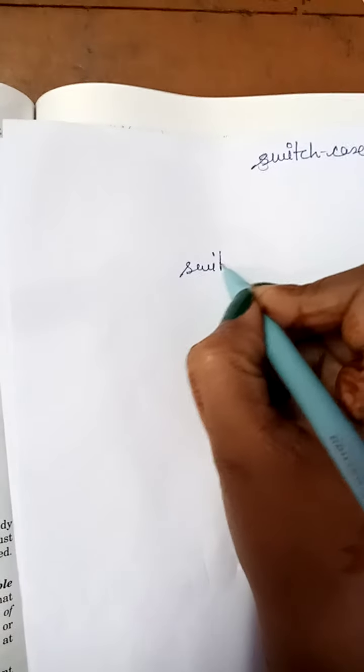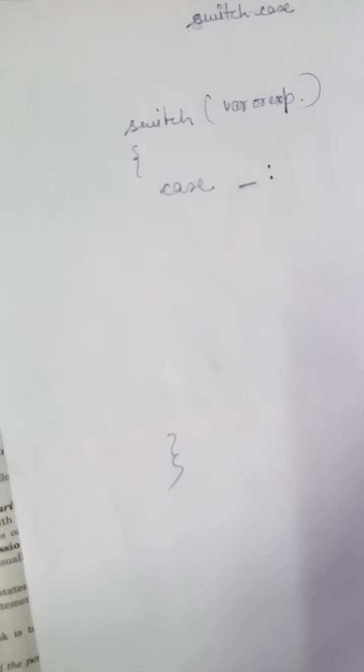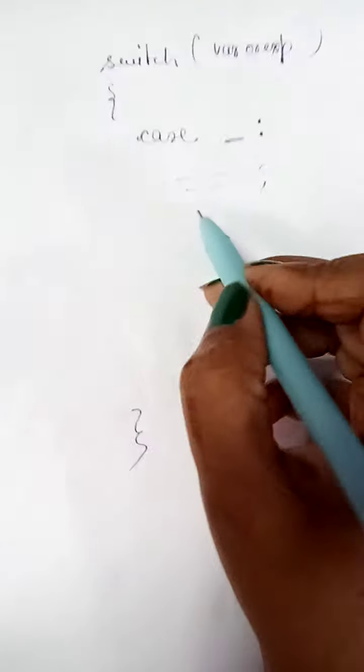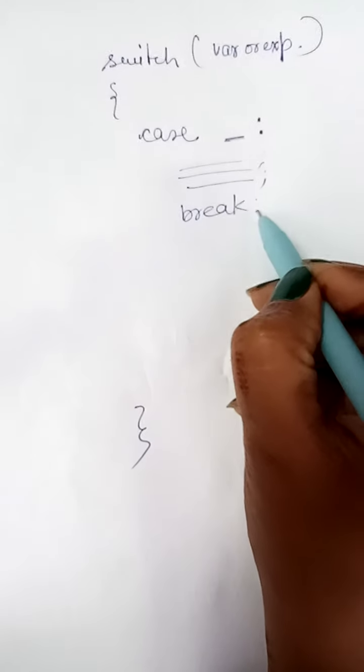So the general syntax is the switch keyword followed by a variable or any expression, then the braces of switch, then different cases. After case, there will be the value. I am leaving the space. The value depends on your program's requirement, and in the case you write whatever you have to do, and after that you end each and every case with a break statement.